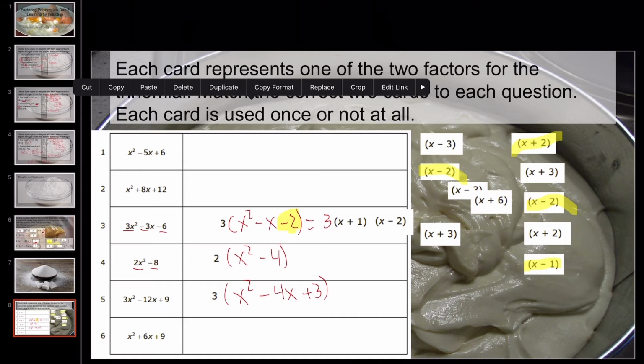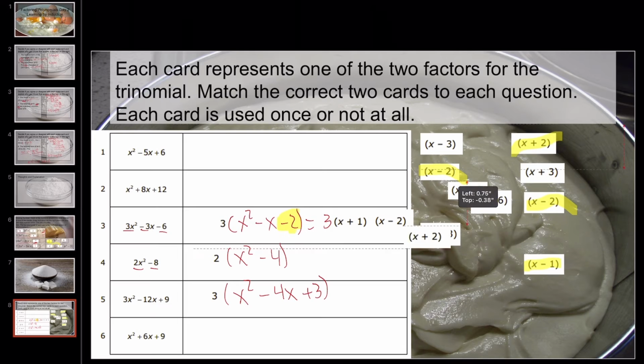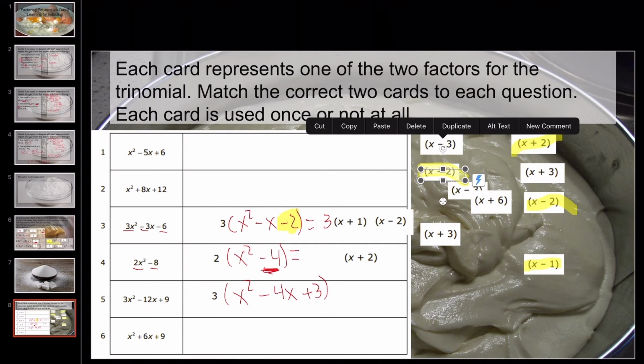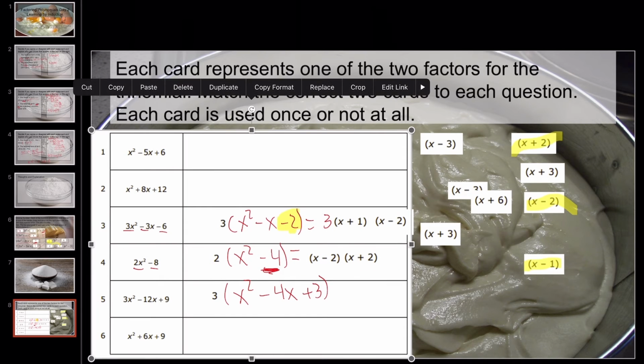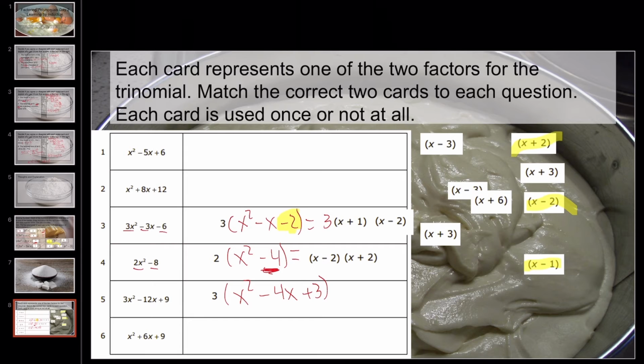What's going to make x squared minus 4? Well, the only way you're going to get that minus 4 is if we use some of these 2's. So I'm going to go with x plus 2, but since we need a minus 4, my other factor is going to need to be something that has a negative, like this one. X plus 2 times x minus 2.